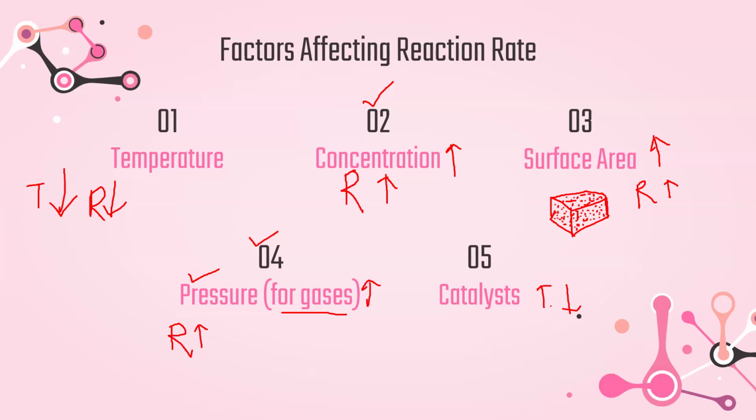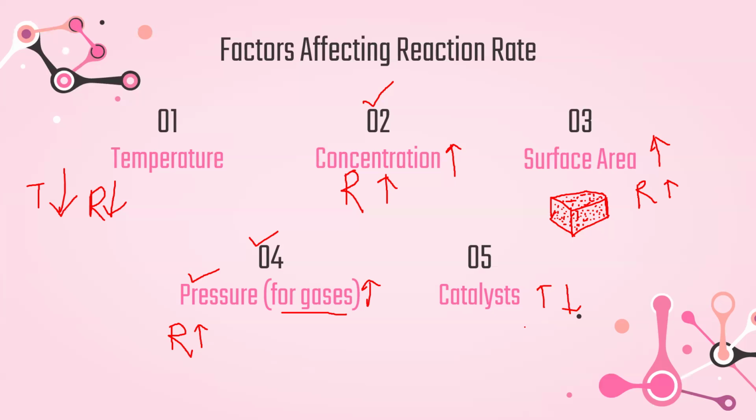For example, when we are dealing with a reaction which has a very fast reaction rate, and because of the high reaction rate we are not getting the desired product, we will use a catalyst which is going to decrease the rate of reaction of that particular reaction. So we are going to put that particular catalyst.